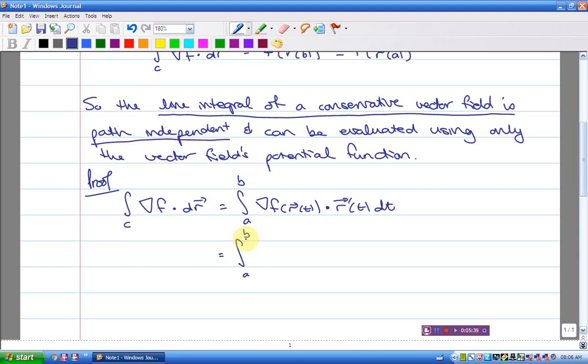Grad f is the vector that you get when you find the derivative of little f with respect to all the variables that it's a function of and cluster them together in a vector form. Let's assume, just for generality here, that f is a 3-variable function. Let's keep it nice and big, but of course it could be 2-variable.